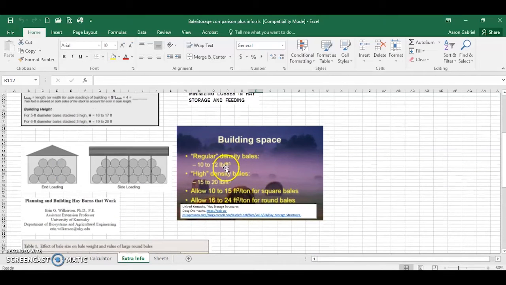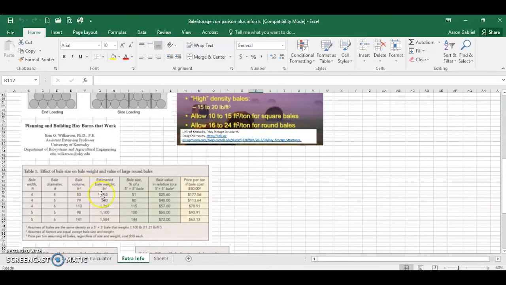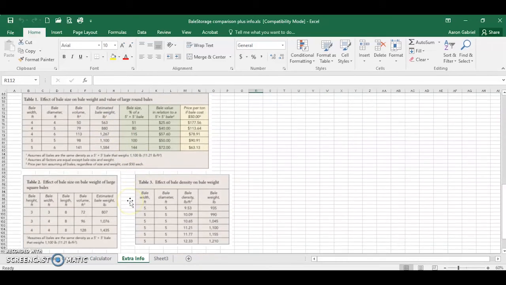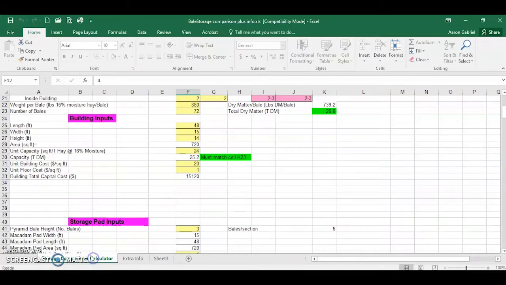Here's some information about building space, pounds of hay per cubic foot, and that can help you figure out your square feet per tons of hay, and some other information. So with that, we can figure out our unit capacity, square feet per tons of hay.